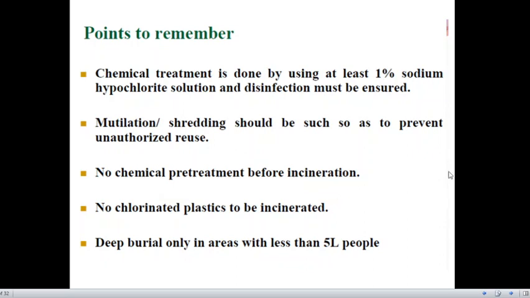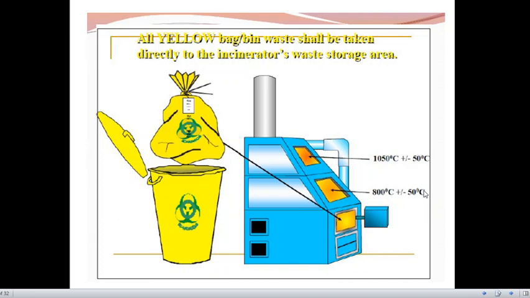So what are the points that you should remember? First, chemical treatment is done by using at least 1% sodium hypochlorite solution, and then disinfection must be ensured. Mutilation or shredding should be done so as to prevent unauthorized reuse, there should be no chemical pre-treatment before incineration, no chlorinated plastics to be incinerated, and burial only in areas with a population of less than 5 lakh people.